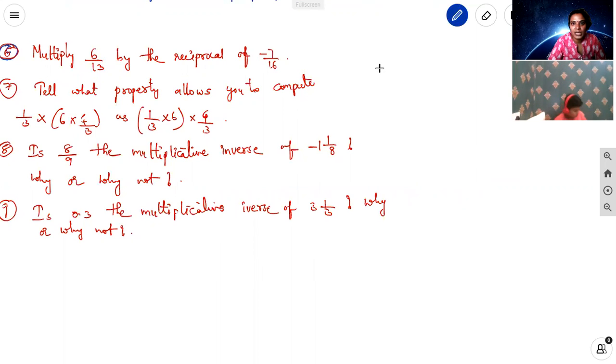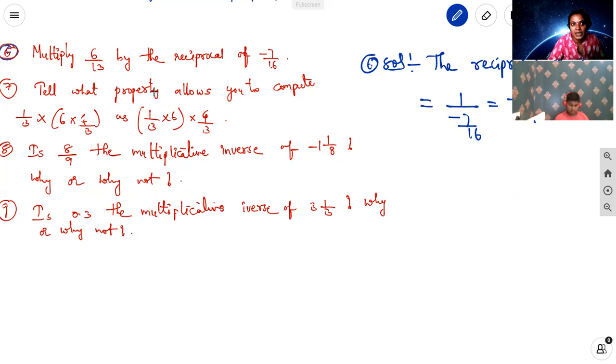Okay, the sixth solution. First, we take the reciprocal of minus 7 by 16. The reciprocal of minus 7 upon 16 is equal to 1 by minus 7 upon 16, which is equal to minus 16 upon 7.